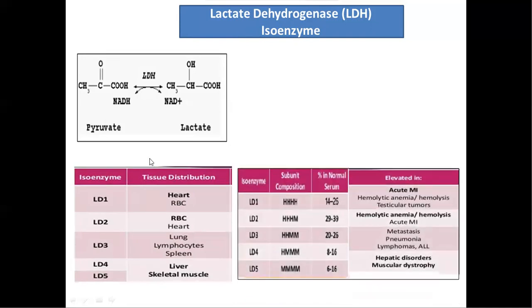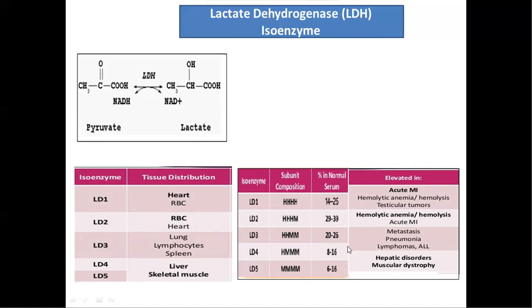This isoenzyme is present in different tissues in the form of different subunit compositions. Lactate dehydrogenase isoenzyme is available in a tetramer state, which has 4 important polypeptide chains. LD1 contains HHHH subunits, and LD5 contains MMMM subunits.